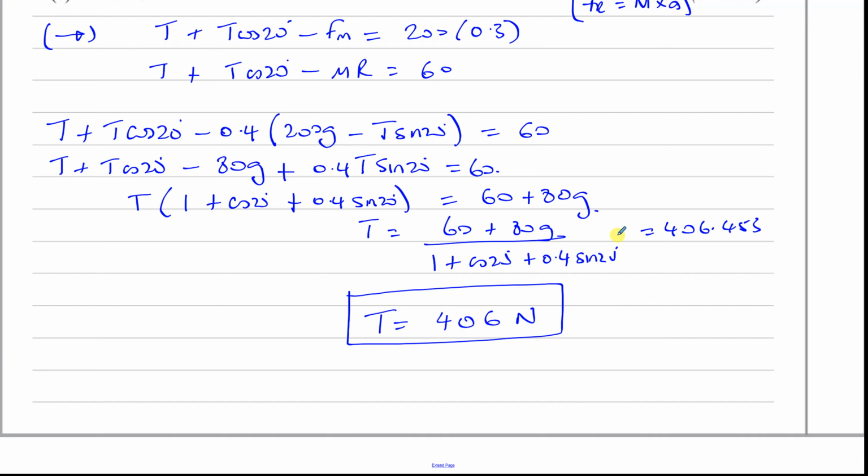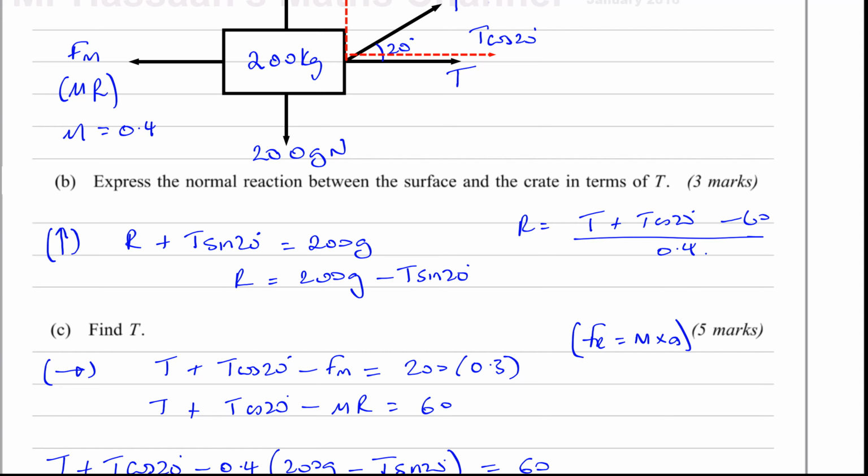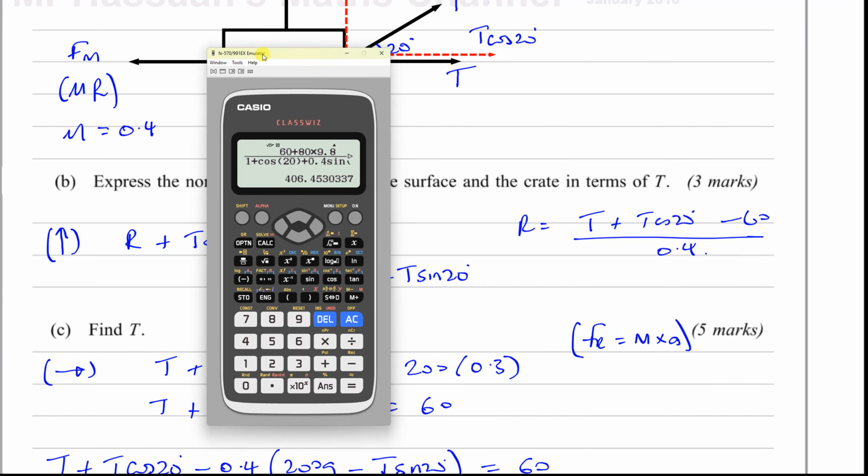Okay, so I'm going to take this answer and put it into this equation. Of course it should make it true because that's basically the same equation we used. But I'll just put the answer in here. So I'll store this as A, and then I'll say recall A plus recall A times cosine 20 minus 60 over 0.4.